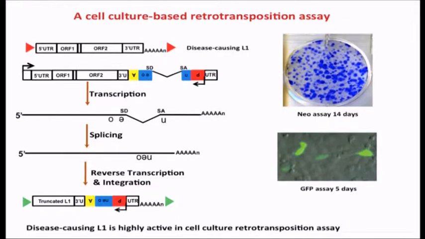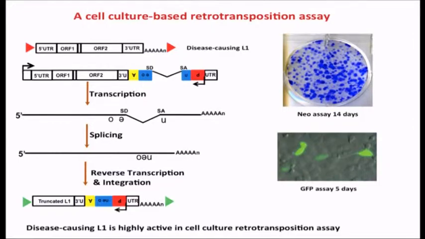But after it gets reverse transcribed and integrated into the genome, you can then have G418 resistant colonies occurring, and each one of these colonies will have at least one retrotransposition event.